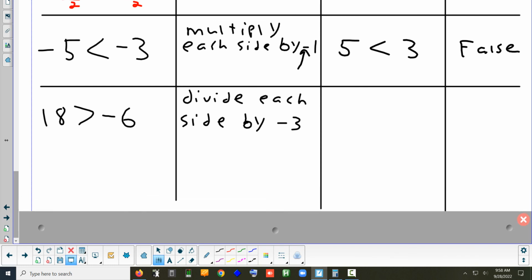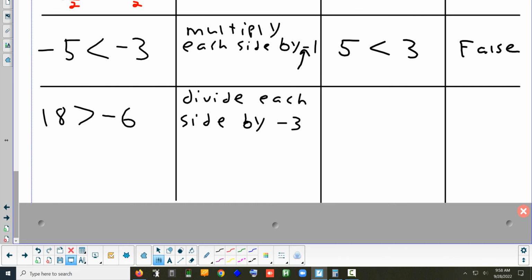So the last one is 18 is greater than -6. Mia, is that true? Is 18 bigger than -6? No? How come?